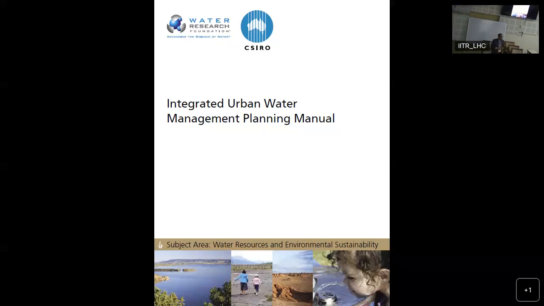So under integrated water management, we are considering that all the resources are useful. That means freshwater resources is one, and wastewater and stormwater. Earlier we used to consider them as a waste, and they were discharged into the receiving environment.